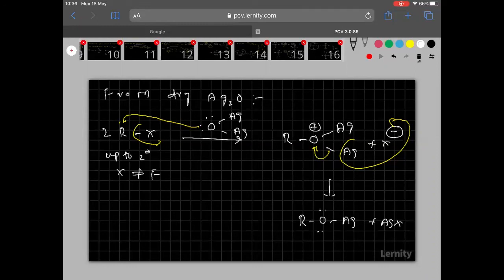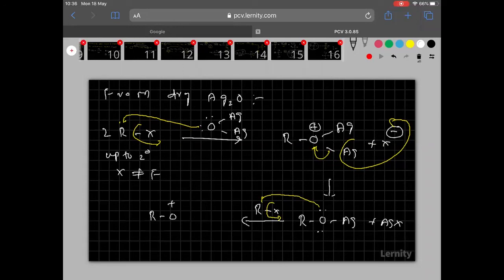Now, in the second step, let me take the other molecule of the RX. Again, what happened? Oxygen will give 1 lone pair to R, X minus will depart out. Is it clear? Then what is the thing that is formed here? See clearly, here R, O. Now oxygen gets the positive charge. Silver is there.